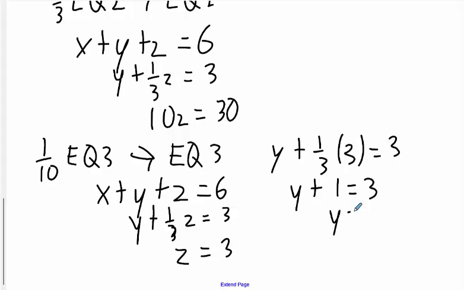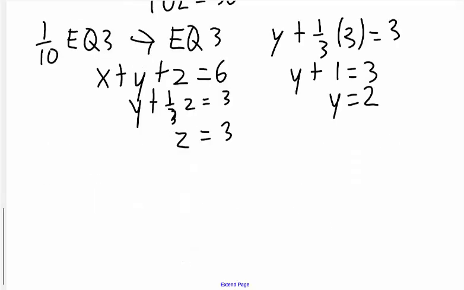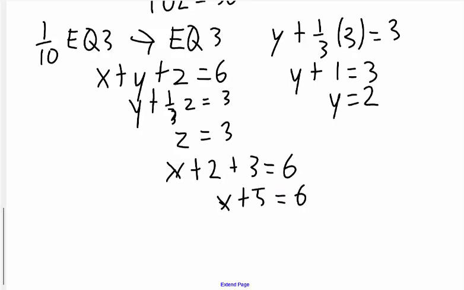So y equals 2. And then substituting those in for the first one, we get x plus 2 plus 3 equals 6. X plus 5 equals 6. So x equals 1, and our ordered triple is 1, comma 2, comma 3.